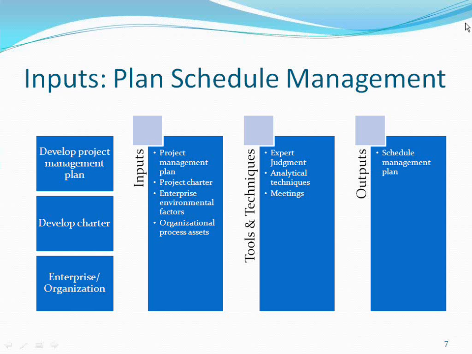Take everyone's input. Ask for their inputs, like what type of tools are you going to use, who is going to do what, everything you plan. So out of this activity, what is the output you get? Schedule management plan. As I told, out of 10 knowledge areas, 9 knowledge areas will produce 9 plans. And if you can recall the previous scope management, it produced scope management plan, and now this time management will produce schedule management plan.